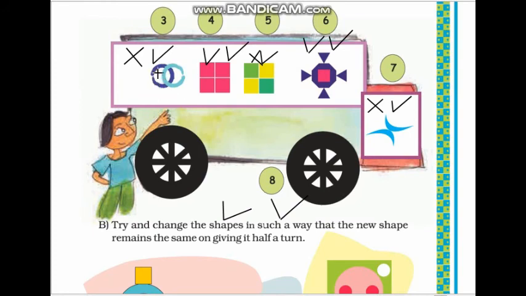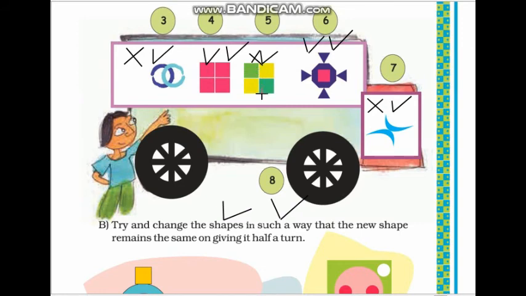No, because this color will be changed after 1/4 turn, and it will look the same after half a turn, because this top part will go bottom side and bottom part will go up side. That means it will look the same after half a turn, and here all the sides are same, so it will look the same on 1/4 turn and half a turn.